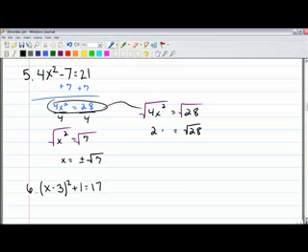Well, 2x times 2x is 4x squared. So we have 2x equals the square root of 28. Square root of 28 can be broken down into square root 4, square root 7. So that's 2 square root 7. So if you have 2x equals 2 square root 7, divide both sides by 2.